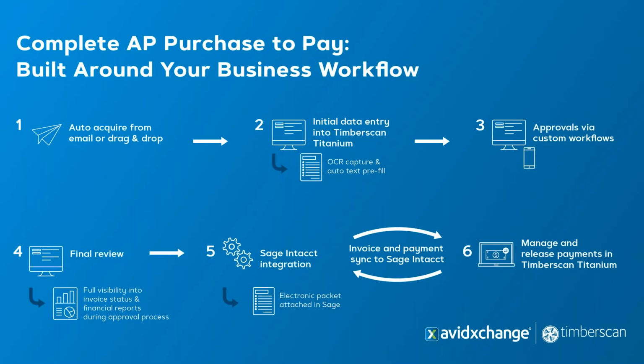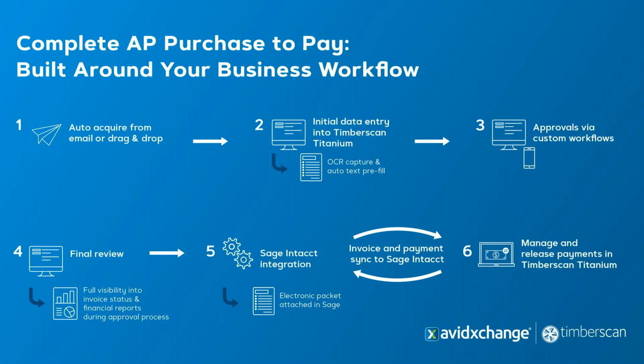The approver picks up the folder, has to hand code the information on the invoice, sends it off to accounting. Accounting has no idea when they're going to get the invoice back. Once they finally do get the invoice back, they have to go through the process of keying that invoice into the ERP, in this case, Sage Intacct.